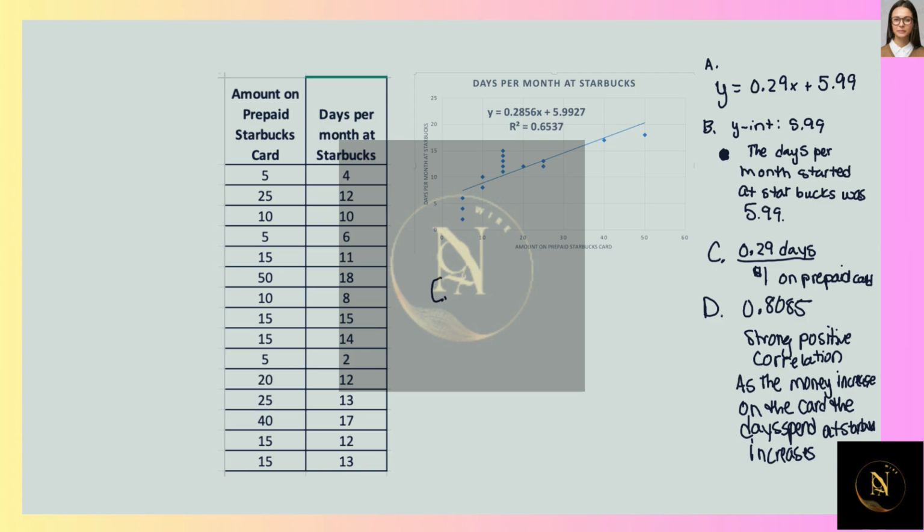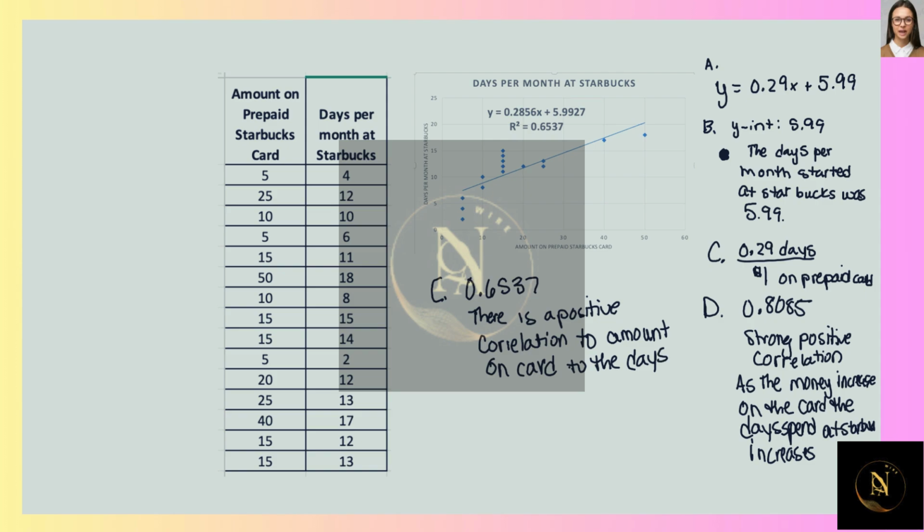So the coefficient of determination is 0.6537, and that just means that there is a positive correlation between the amount on the prepaid Starbucks card, amount on card, to the days at Starbucks.